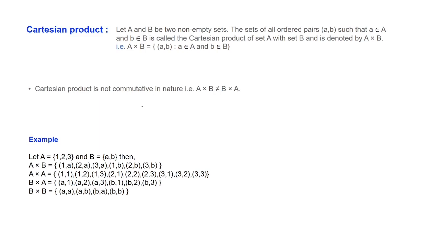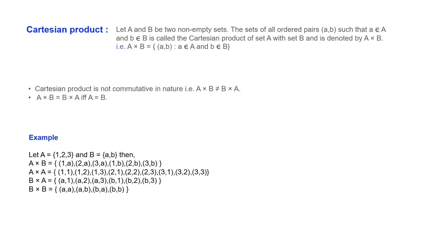And is it possible that A cross B is equal to B cross A? Yes, it is possible if and only if the first set is equal to the second set. Only then will the commutative law hold under the Cartesian product. Now the next thing we have to understand is, can A cross B be phi?